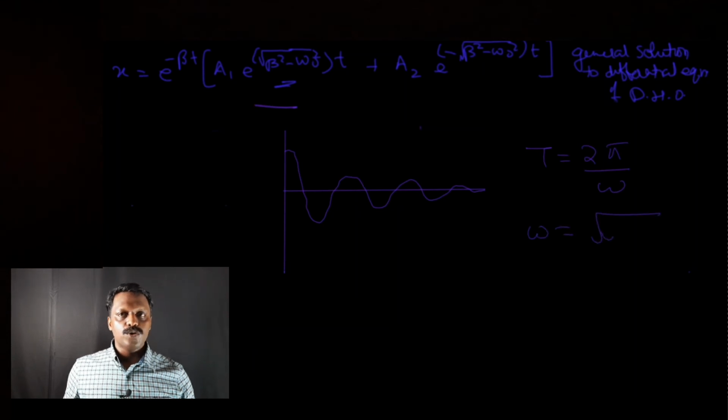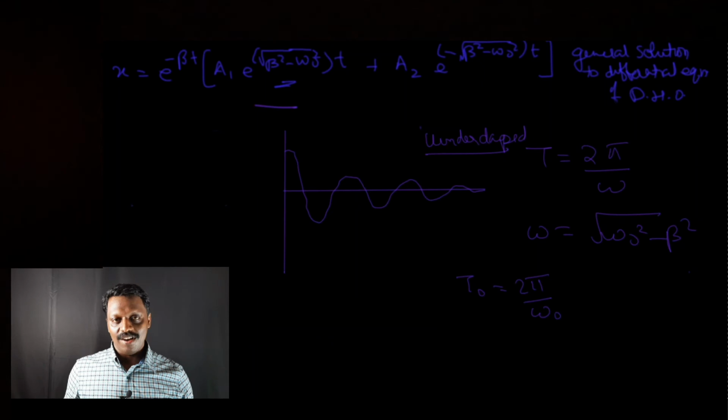The time period of oscillation is 2 pi by omega. Remember, omega is the root of omega naught square minus beta square. So the time period for undamped oscillation, the ideal condition, will be 2 pi by omega naught. And for the underdamped case, that is case 1 here, the time period will be 2 pi by omega. So we can say that the time period for the underdamped case will be greater than that of the undamped case.